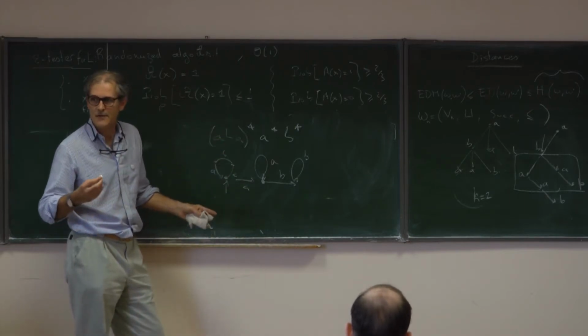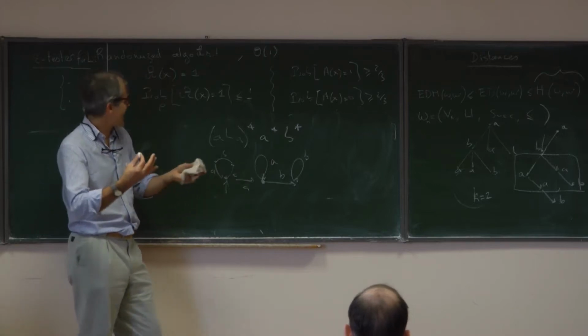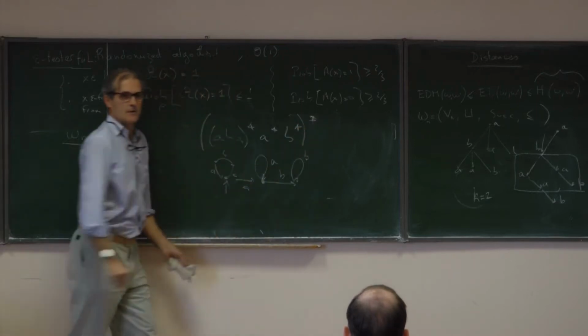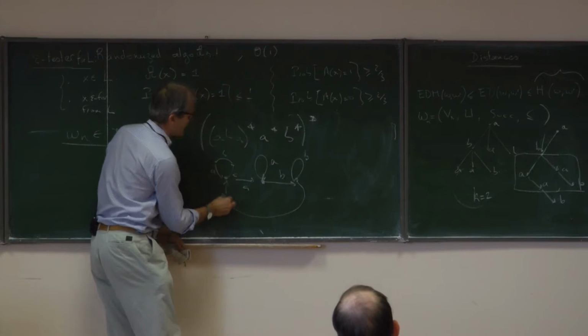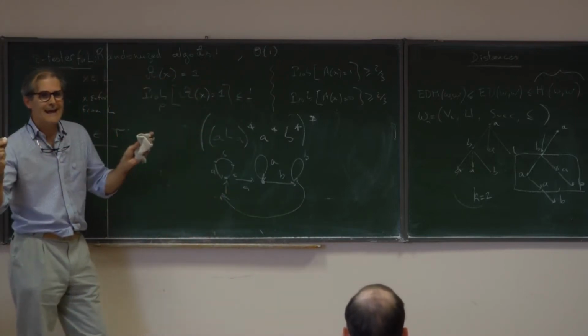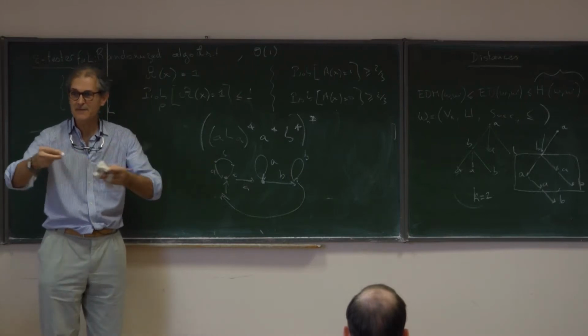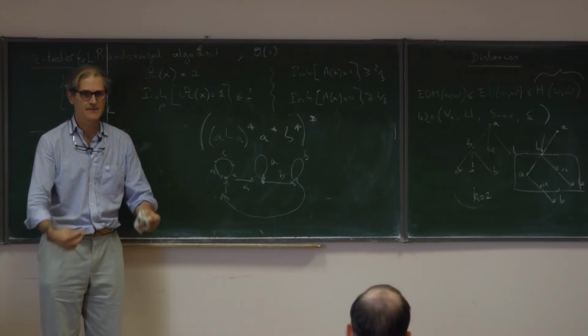Now, if you want to make it more standard, say, take the star of this. If you take the star of this, you're looping the whole thing. And this time you have a really connected component with many loops, which is the real case.